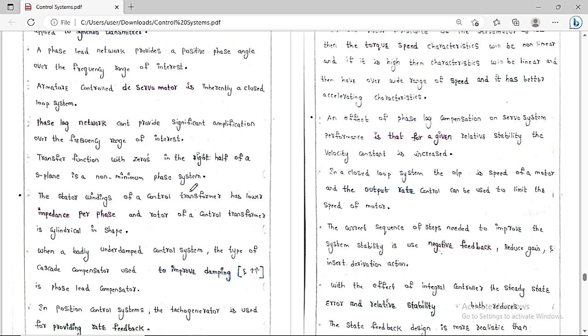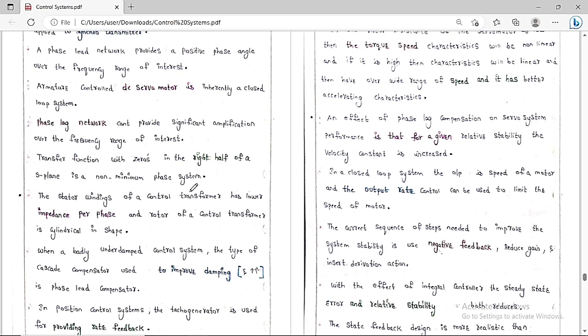The next point is: the stator windings of a control transformer have lower impedance per phase, and the rotor of a control transformer is cylindrical in shape. So here they are telling you some points regarding the control transformer.